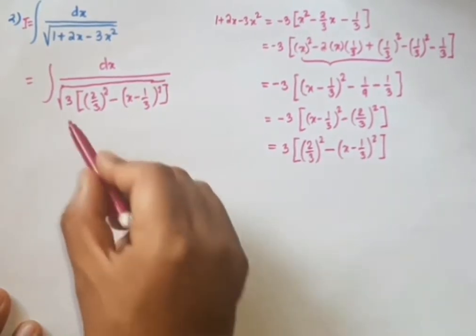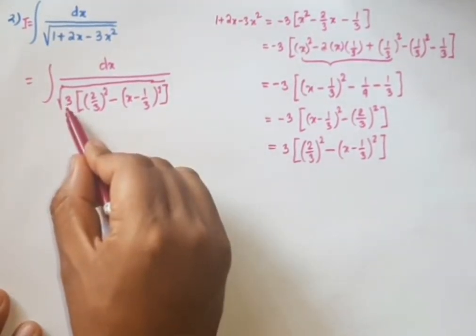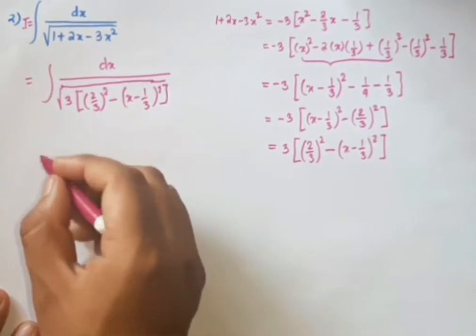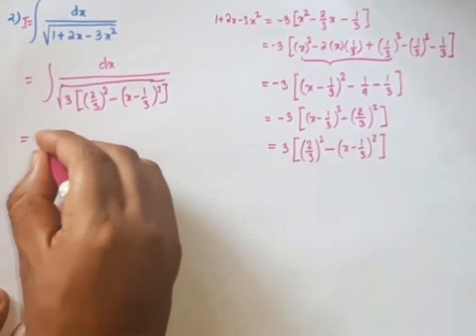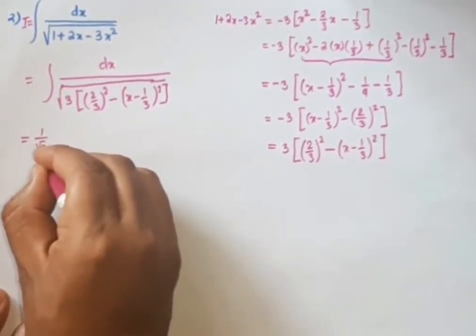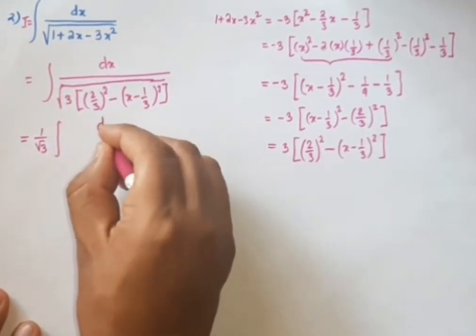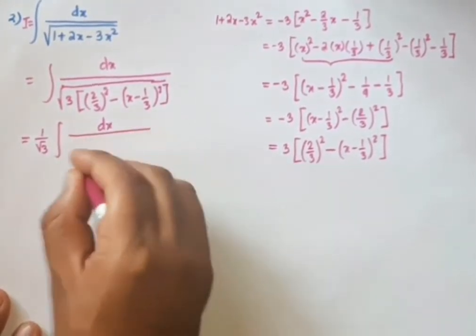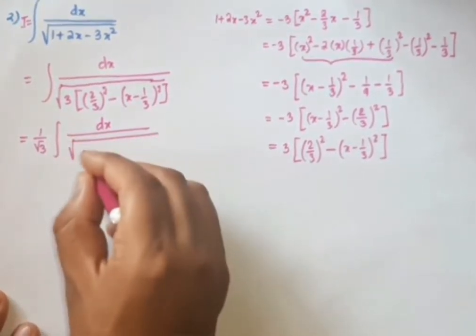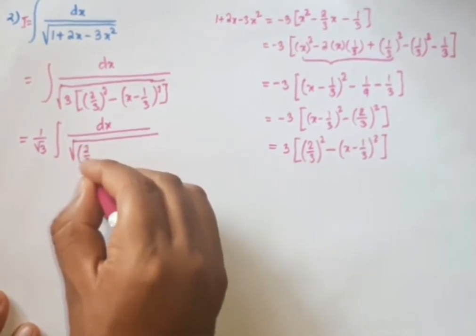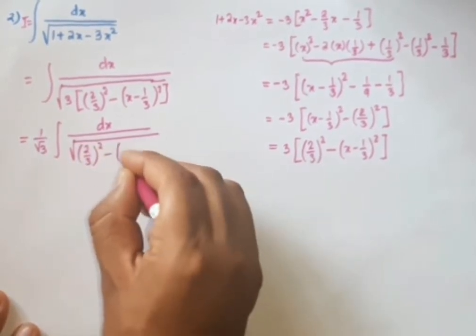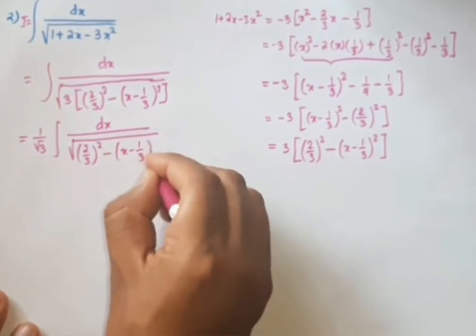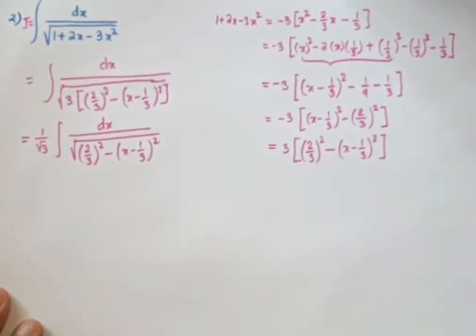This root 3 is a constant, so that's why it can be kept outside the integral sign. Okay, so this is left with us.